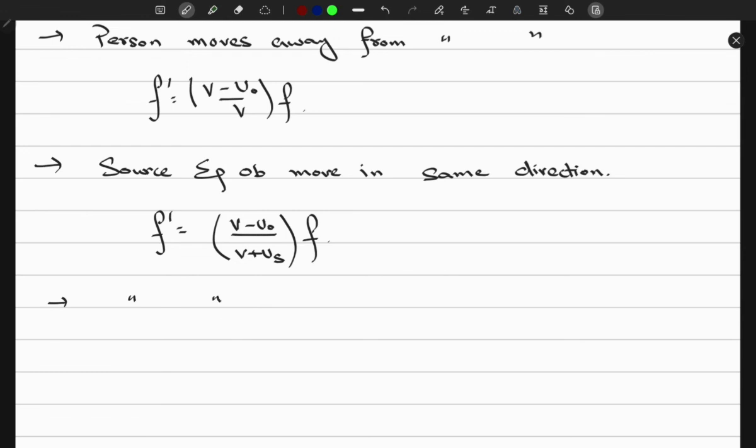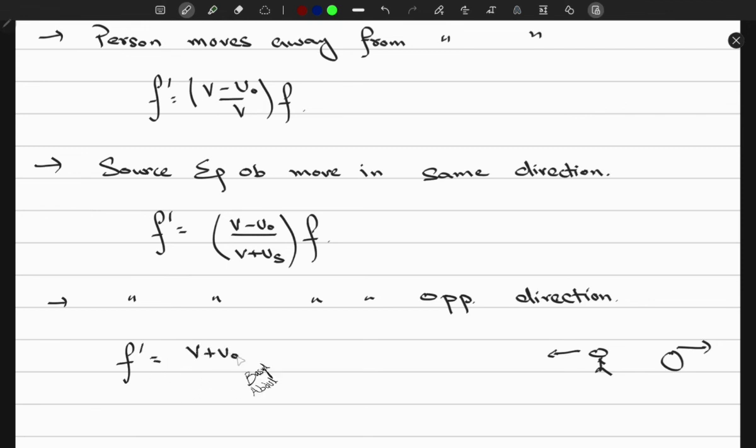Next is when the source and observer move in opposite directions. Imagine the person is moving in this direction while the source moves in this direction. In that case, the apparent frequency is given as v plus u naught divided by v minus us, times the frequency of the sound wave emitted by the source.